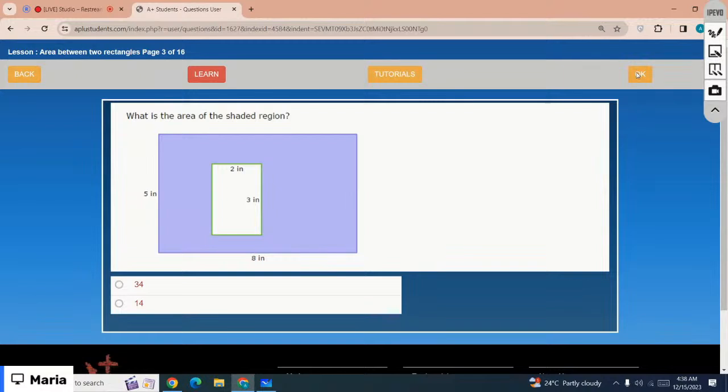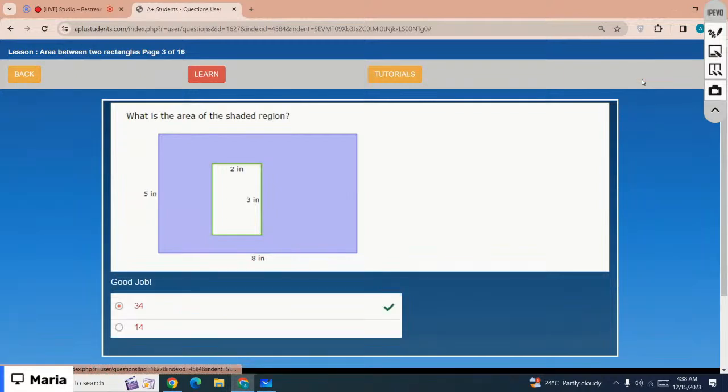Which is the correct option? That is 34. The correct option is option number 1, that is 34, right?